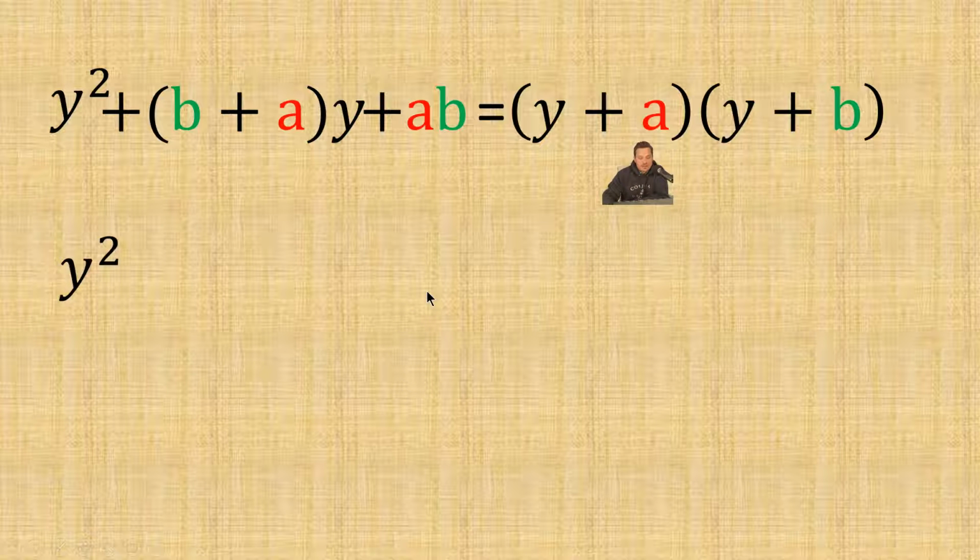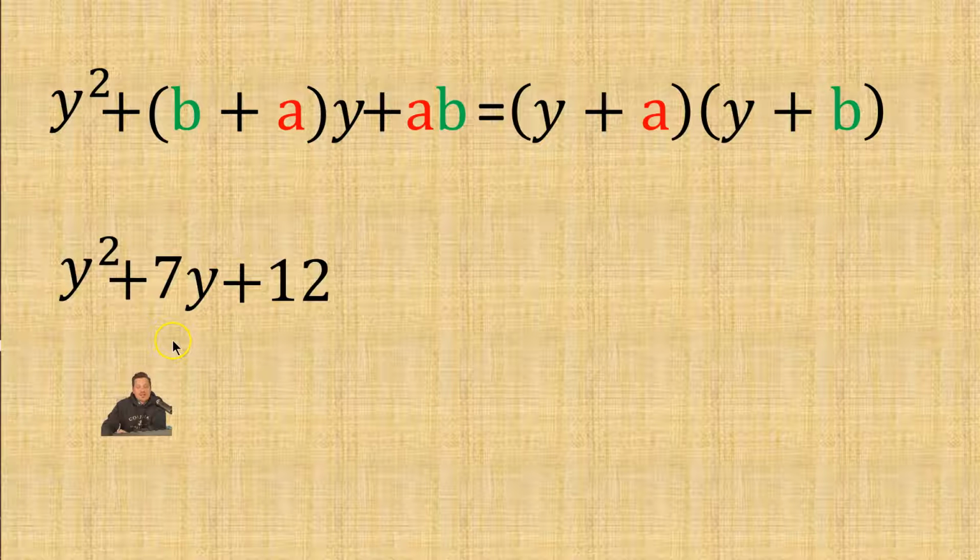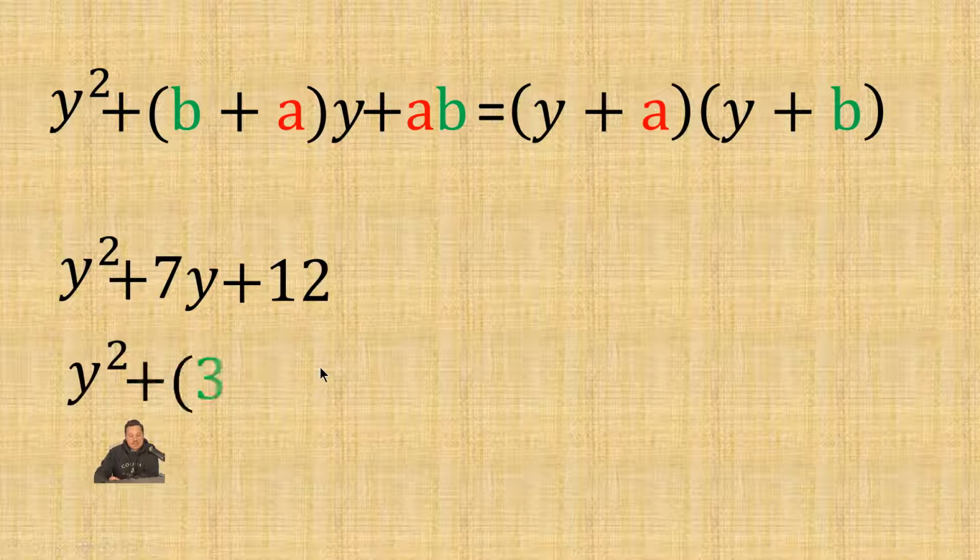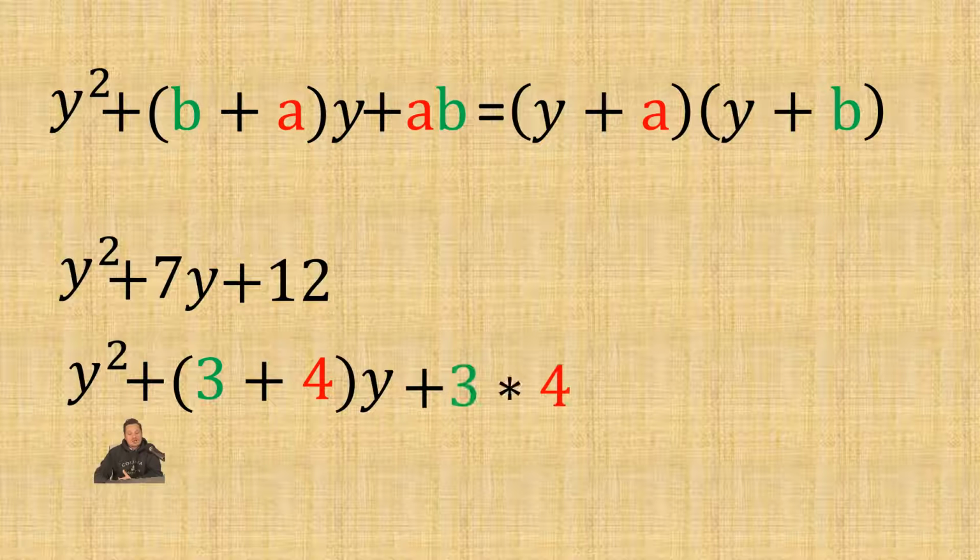So let's take a look at an example of what I'm doing here. I have here y squared plus 7y plus 12. So the goal is to take this trinomial and write it in factored form. So how do I go about that? Well, I can observe some key pieces of information. The y squared stays, and I observe that the 7 is really 3 plus 4, and the 12 is 3 times 4. And look at the color coding carefully. You see that the 3's are in green.